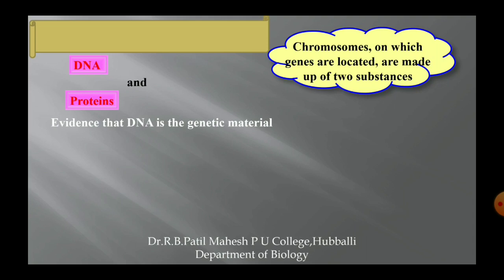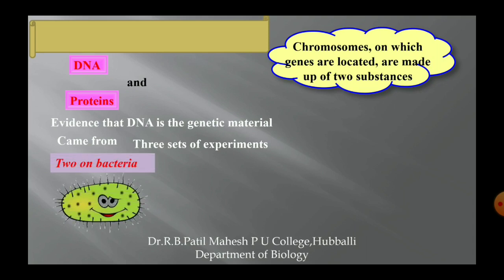So the evidence that DNA is a genetic material came from 3 experiments. 2 experiments were conducted on bacteria, and 1 experiment was conducted on viruses. The Streptococcus pneumoniae bacteria were used for these experiments, and bacteriophage was used in the 3rd experiment.